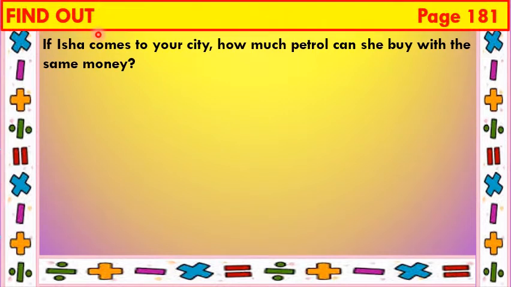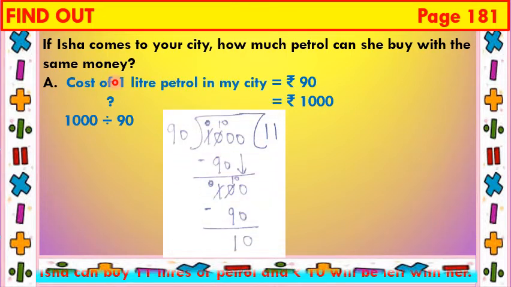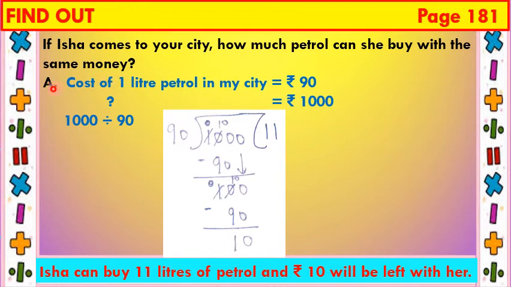Find out if Isha comes to your city, how much petrol can she buy with the same money, that is with rupees 1000? Answer, children, in my city, that is Dharmaj, the cost of 1 liter of petrol is rupees 90.